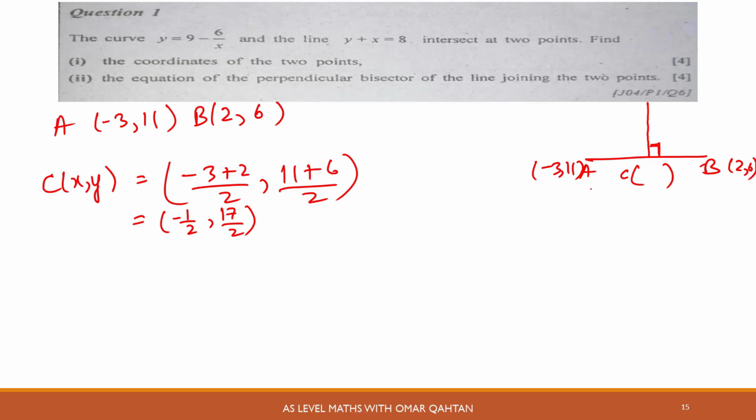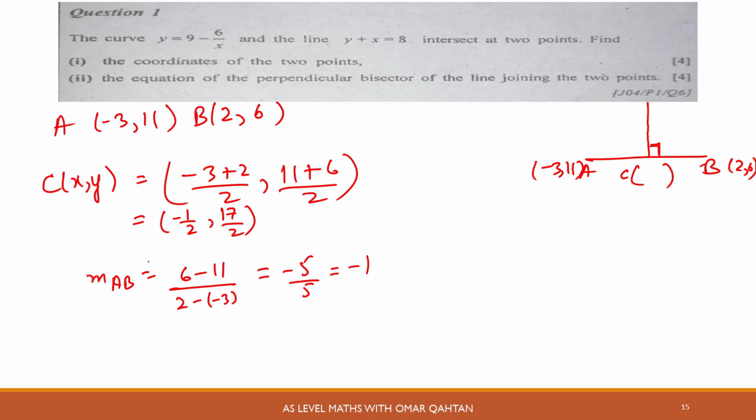So I will first find the gradient of AB and convert the gradient of AB into CD by applying the perpendicular condition that we have studied previously. So gradient of line AB will be 6 minus 11 upon 2 minus minus 3, which is minus 5 upon 5, equal to minus 1.